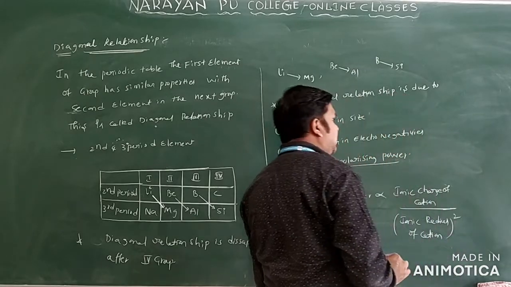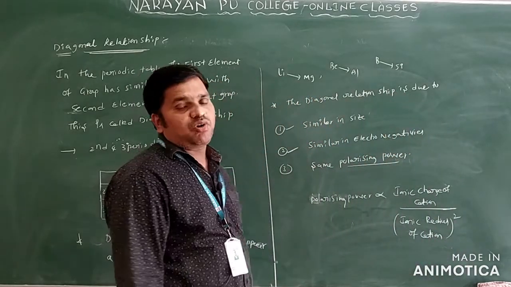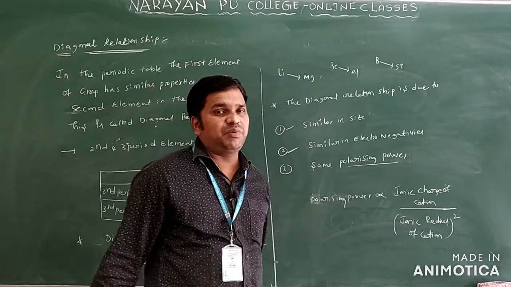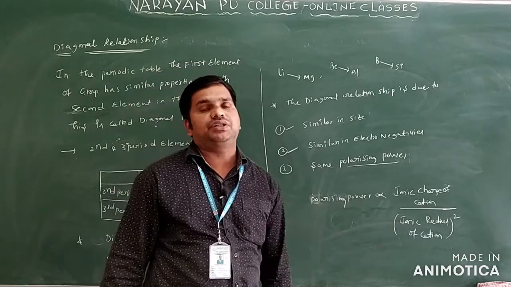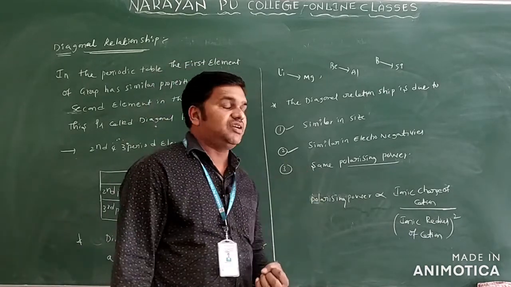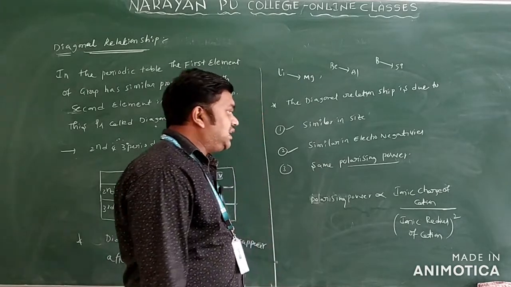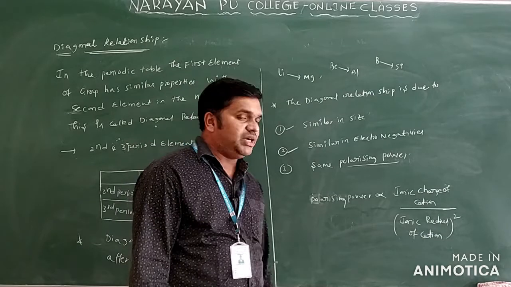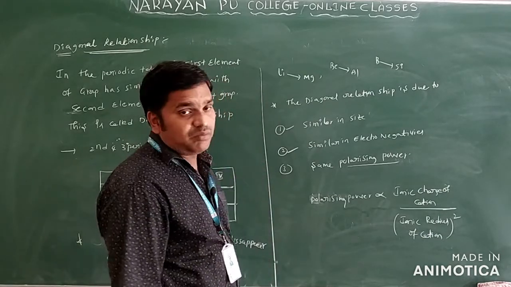So these are the main reasons why the elements show similar properties. We will see some experimental values, then you will get clarity on how close they are to each other. They have similar size, the same electronegativity differences, and the same polarizing power. Polarizing power is directly proportional to ionic charge of the cation by ionic radius of the cation whole power 2 only. So this is regarding the diagonal relationship.